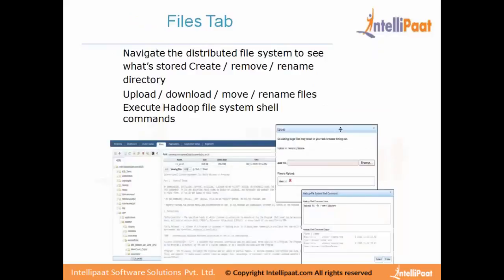So, the file tab. We have seen the dashboard, the welcome board, and the cluster page, and next is the file tab. The file tab shows whatever data you are storing inside the Hadoop cluster.